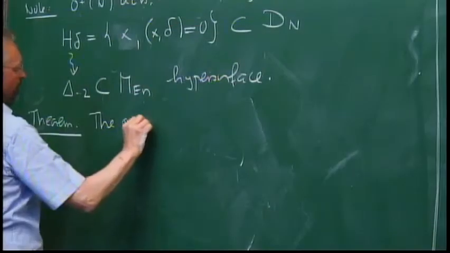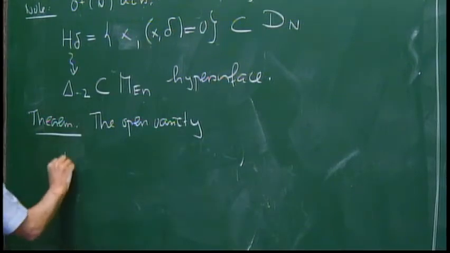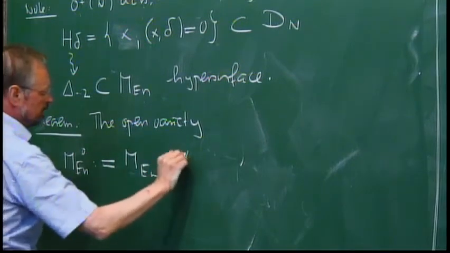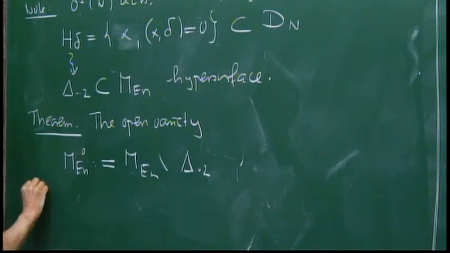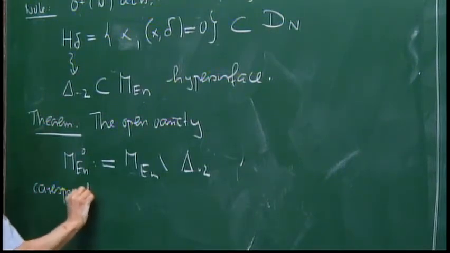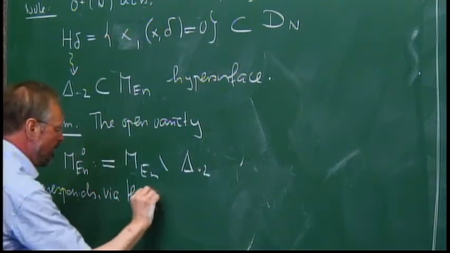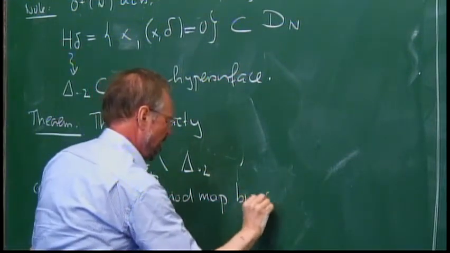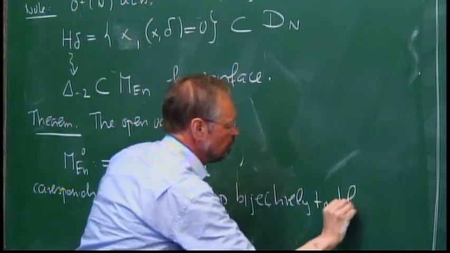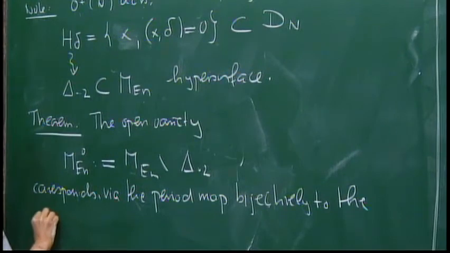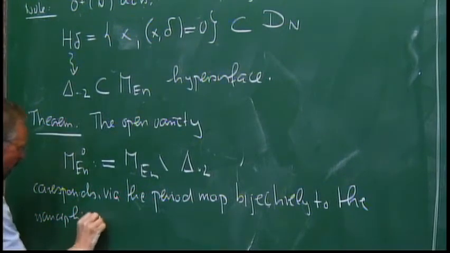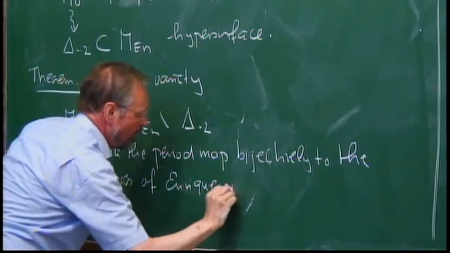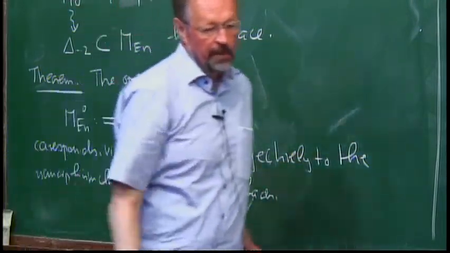The open variety M_N^0, which is M_N minus this hyperplane, corresponds via the period map bijectively to the isomorphism classes of all Enriques surfaces.